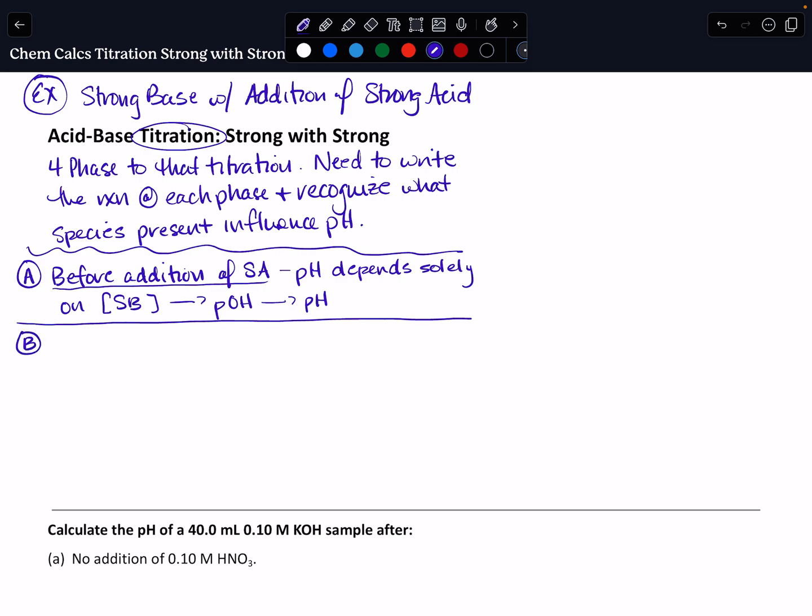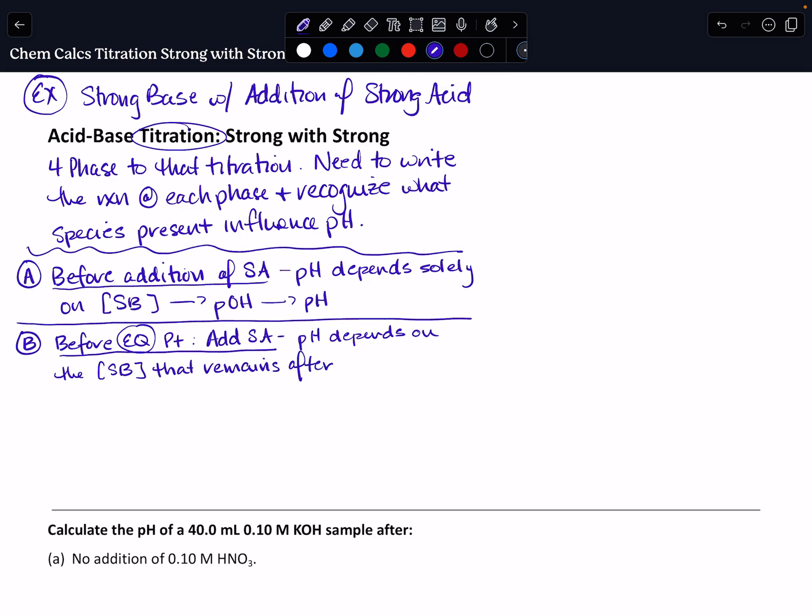Now B, this is before we reach our equivalence point and we've added some strong acid. So we're not at the equivalence point yet, but we are adding strong acid in. So pH depends on the concentration of strong base that remains after strong acid fully reacts.